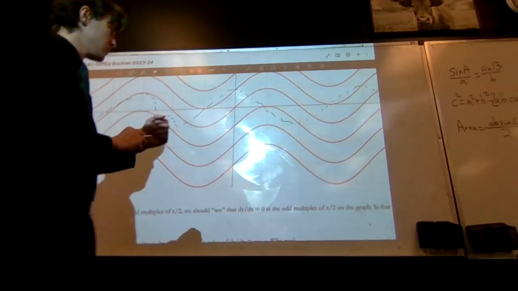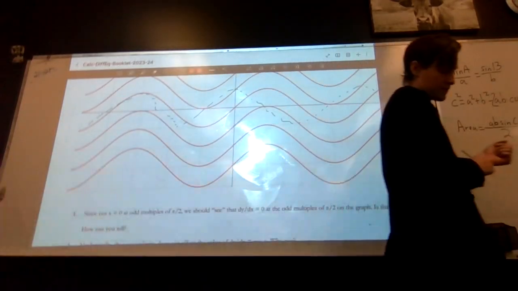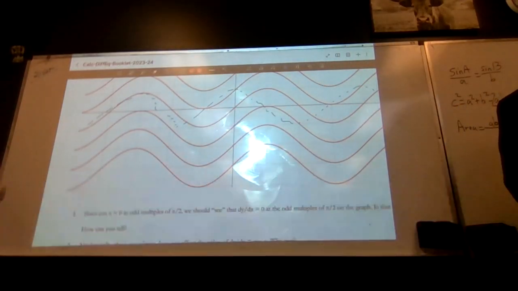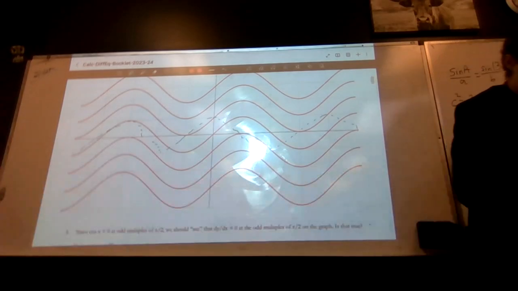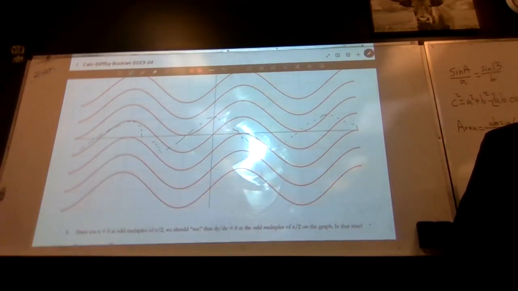Is that true? And how can you tell? Well, let's look at this graph right here. What is happening at pi over 2 and 3 pi over 2? All of these go by pi over 2, by the way. So this would be pi over 2, pi, 3 pi over 2, and then 2 pi.